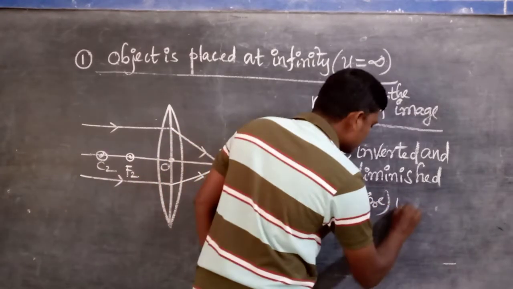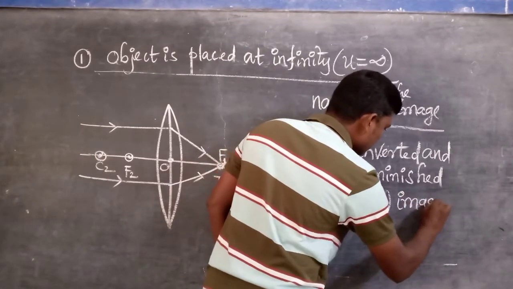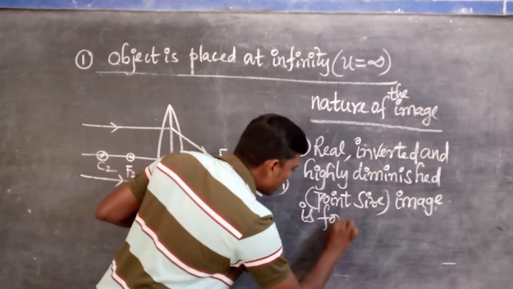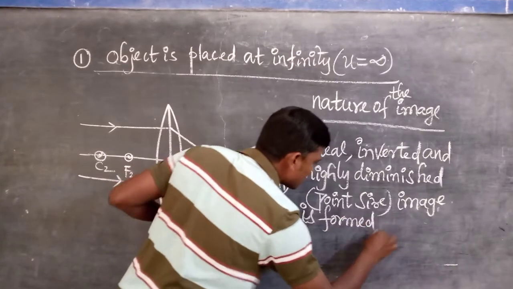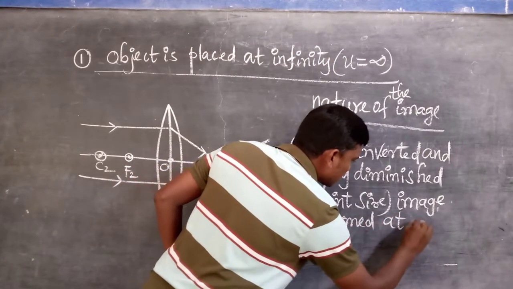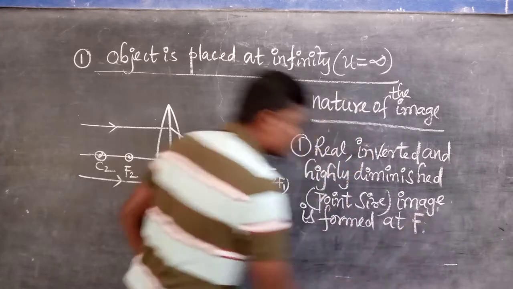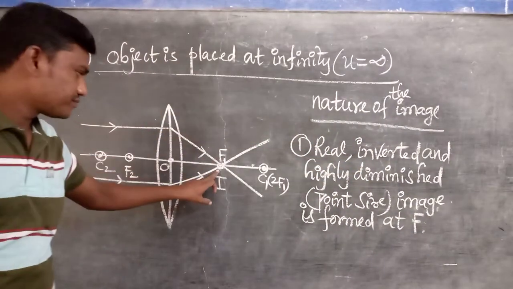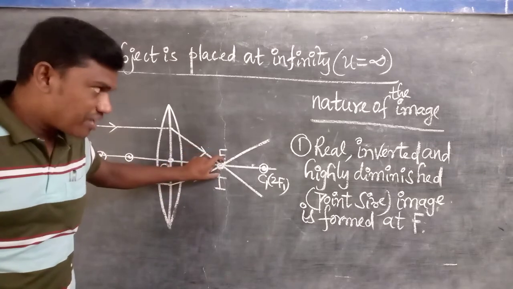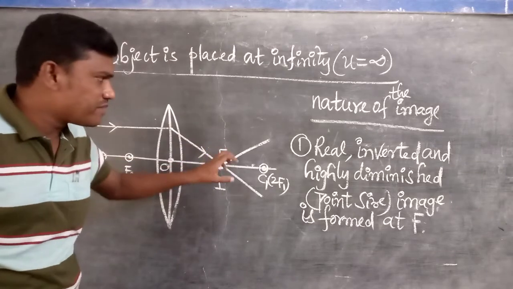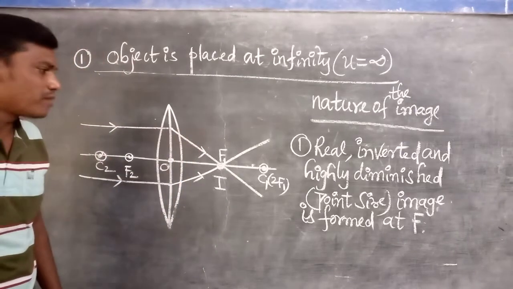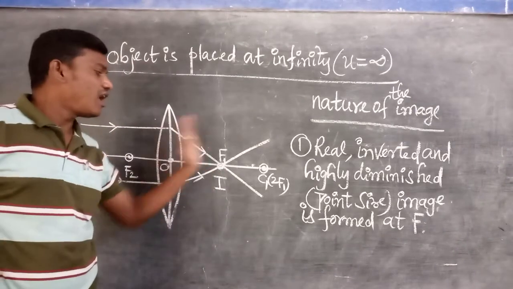Highly diminished image is formed at F simply. So real, inverted and highly diminished is nothing but a small point-size image formed at F, on the other side.